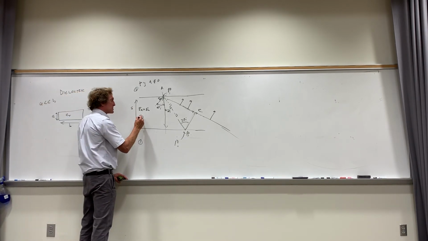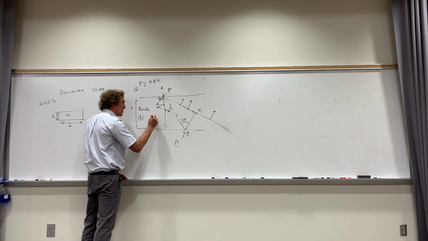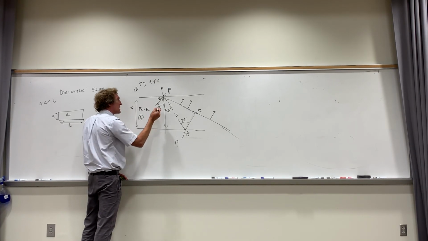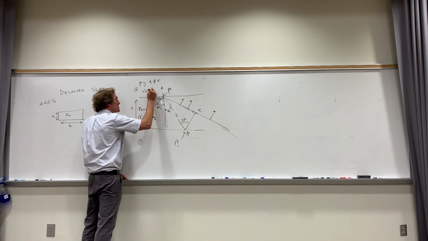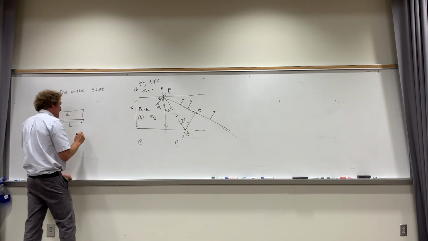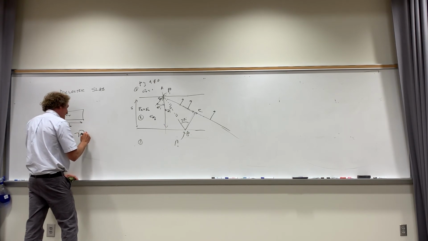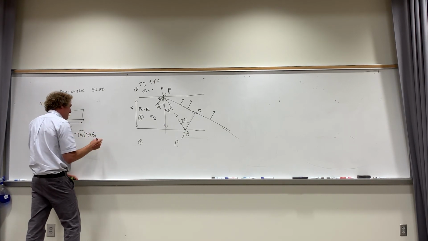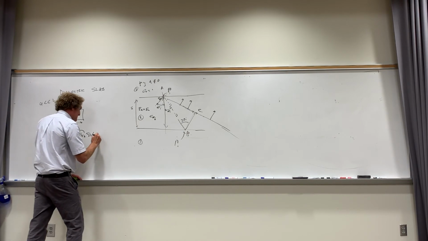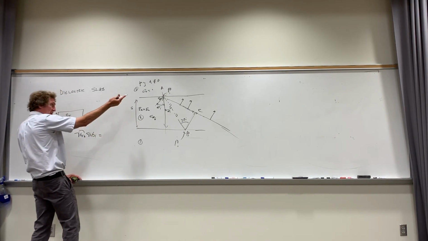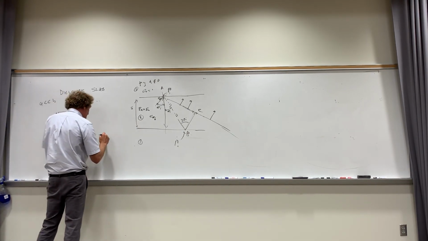We'll say this region has some epsilon relative, call it epsilon relative of the dielectric. Here, epsilon relative is 1 for air. So I can say the square root of epsilon relative dielectric here times the sine of the incident angle has to be equal to the square root of epsilon relative of the air, which is 1, times the sine of theta transmitted.